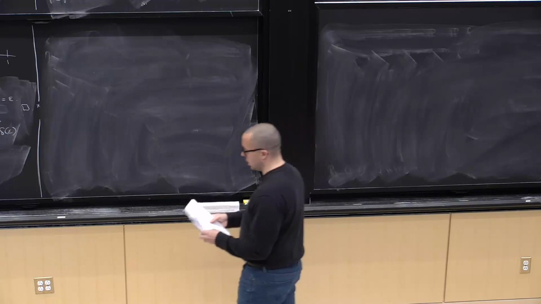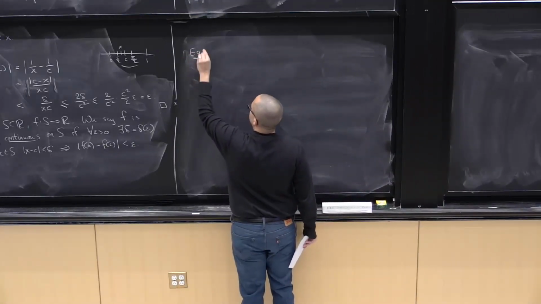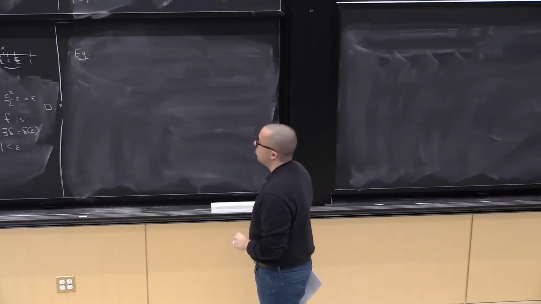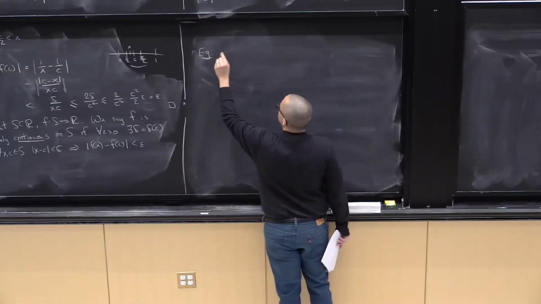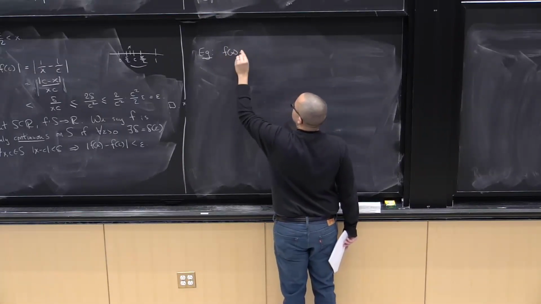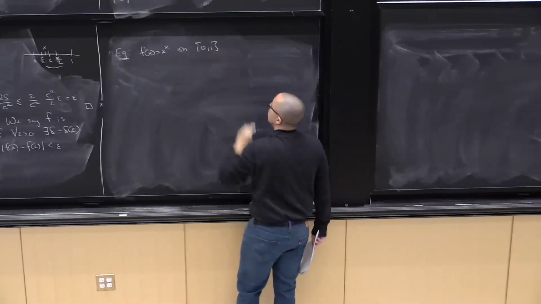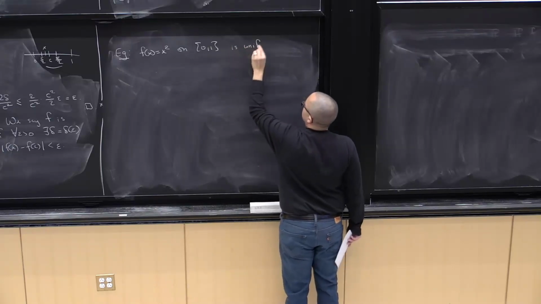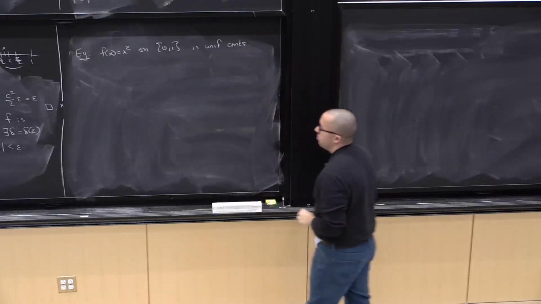But let's look at a function which is uniformly continuous. The function f(x) equals x squared on the interval (0, 1) is uniformly continuous.